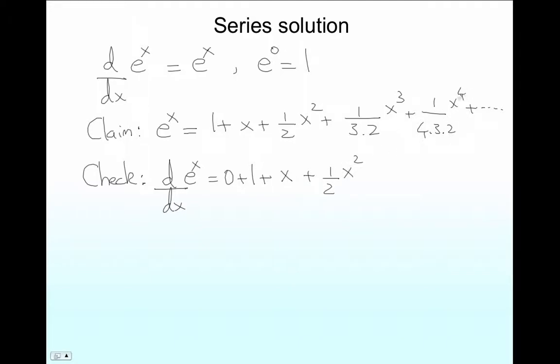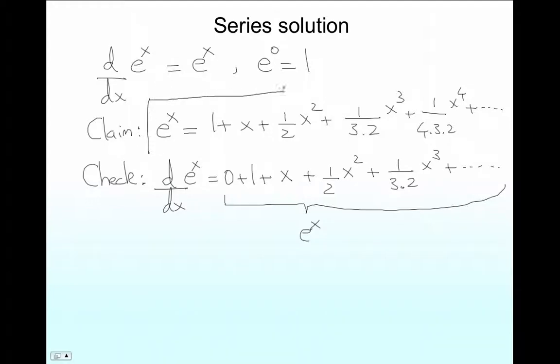The derivative of x to the 4 is 4x cubed, so we get 1 over 3 into 2 x cubed, and this goes on forever. In other words, if we add up all of these terms over here, that's the same as what's up above, and we get e to the x. In other words, this series for the exponential is indeed a way of writing e to the x.